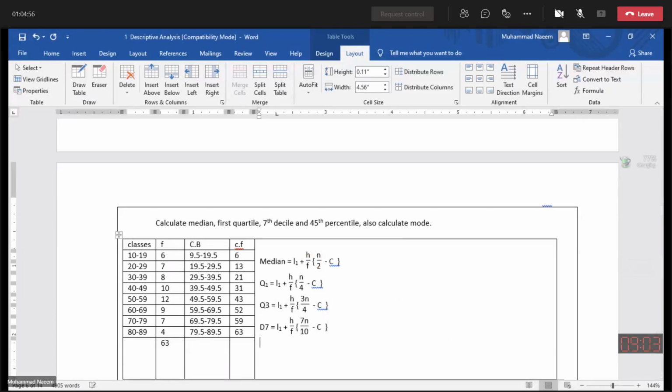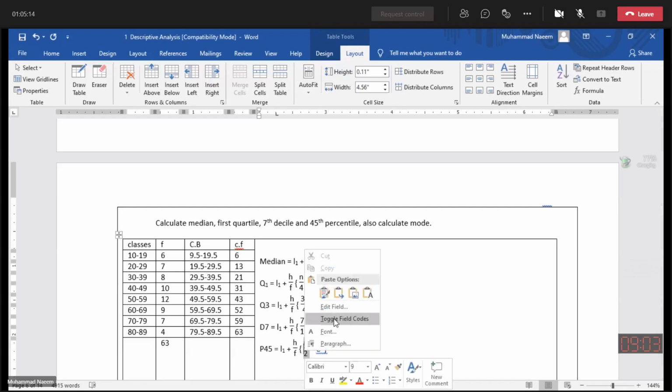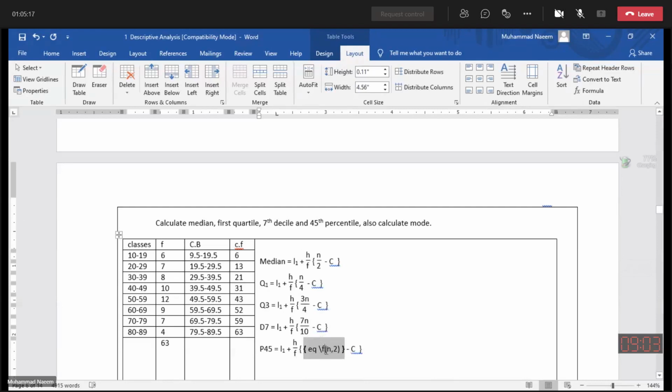And finally, we need P45. Again, change the ratio. This ratio will be for P45, 45n by 100.